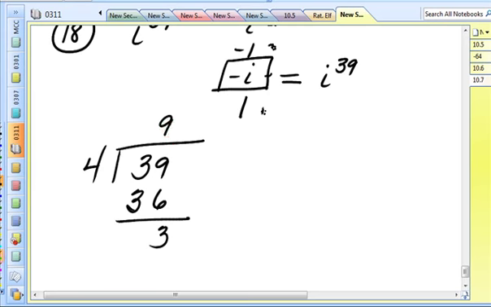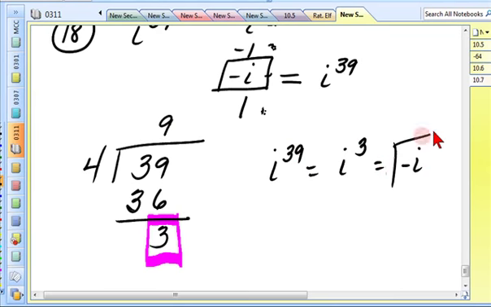And what counts is the remainder. So I to the 39th is the same as I to the 3rd power, and you're going to know those 4 because it goes I, -1, -I, whoop, there it is, 1. So all those cycles of 4 don't really matter, it's just the leftover.